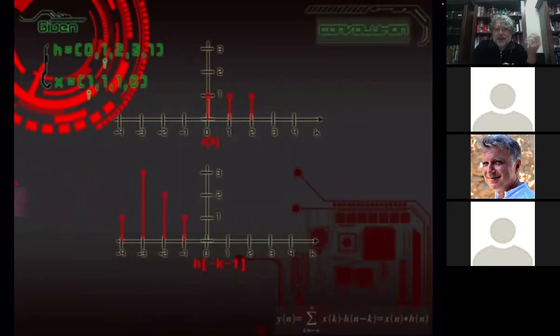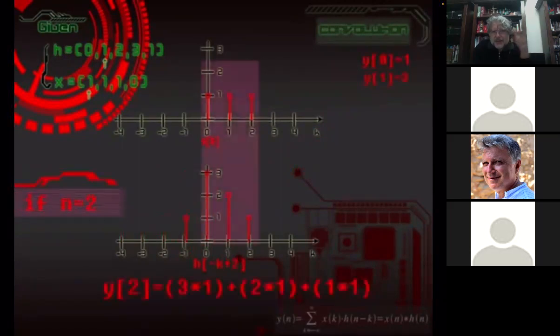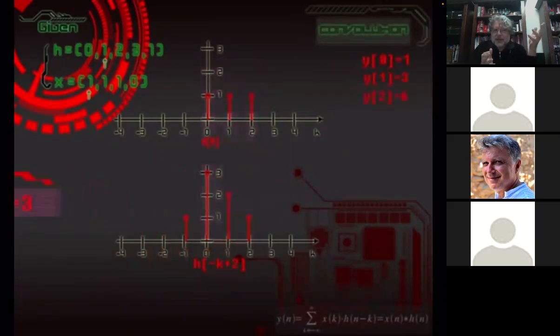So y of -1 and everything negative is zero. But at n equal to 1, there's an overlap, and it accumulates the overlap to find the point. Now it overlaps again, shifting one more to the right, and it finds the y. Shift again, 3 overlapping things, multiply those, and then at the top you find y is equal to 6: 3 plus 2 plus 1.